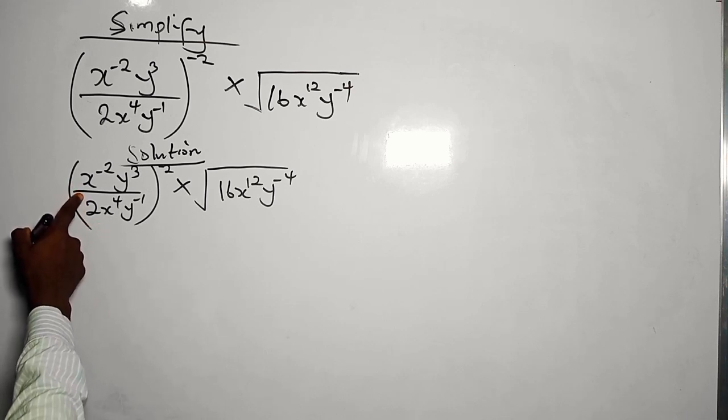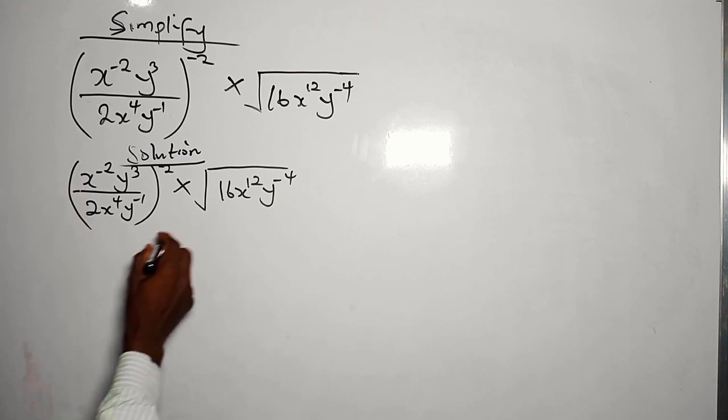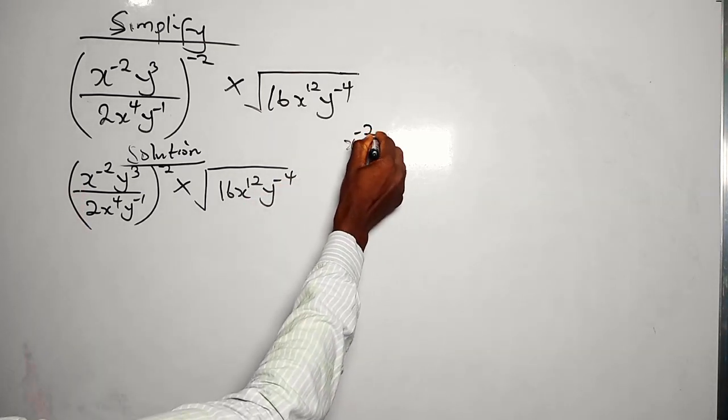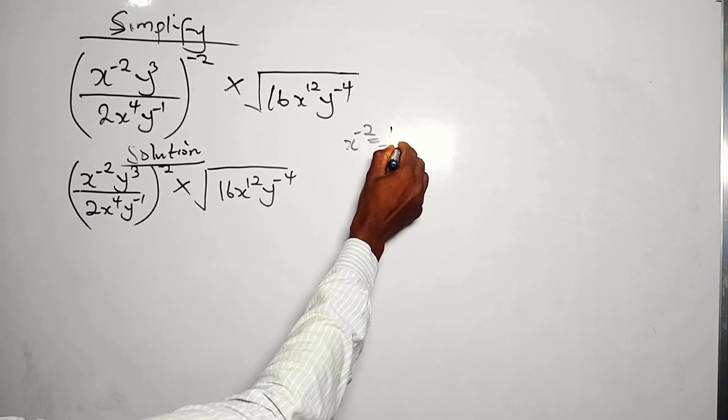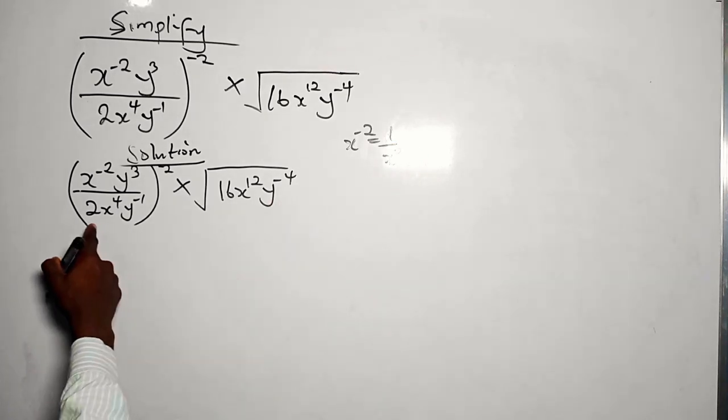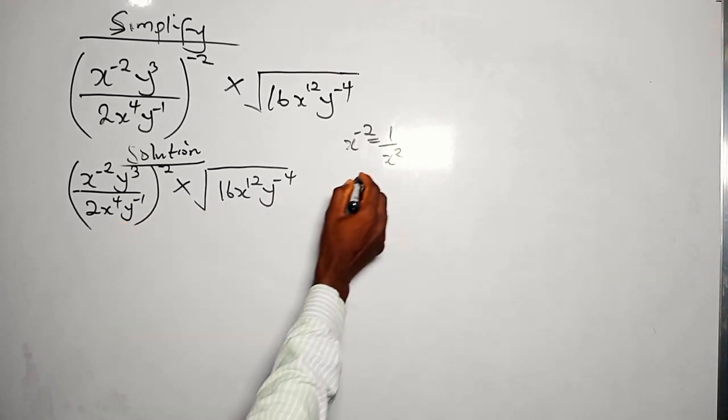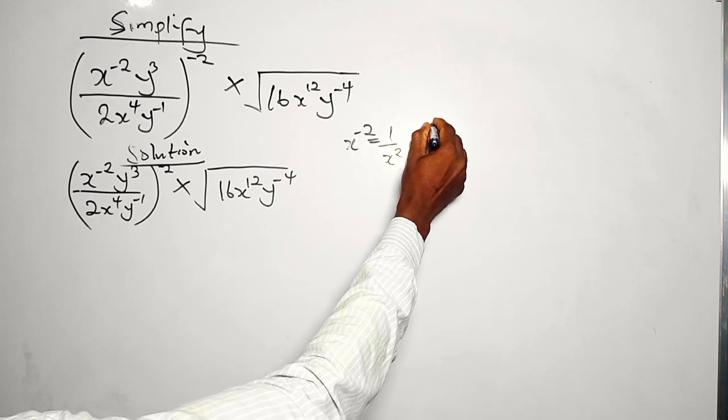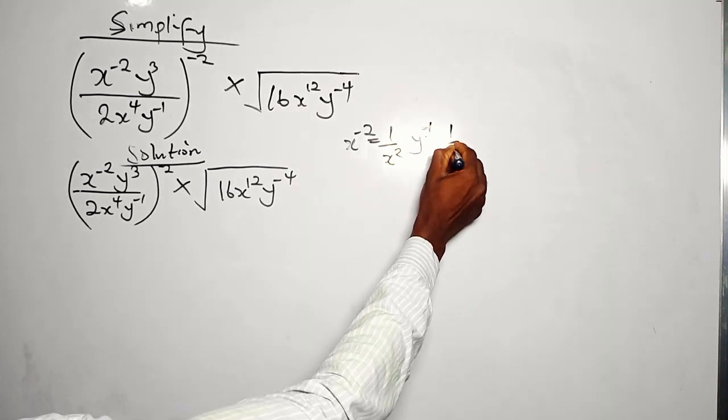So x^-2 is 1 over x squared, and y^-1 is 1 over y.